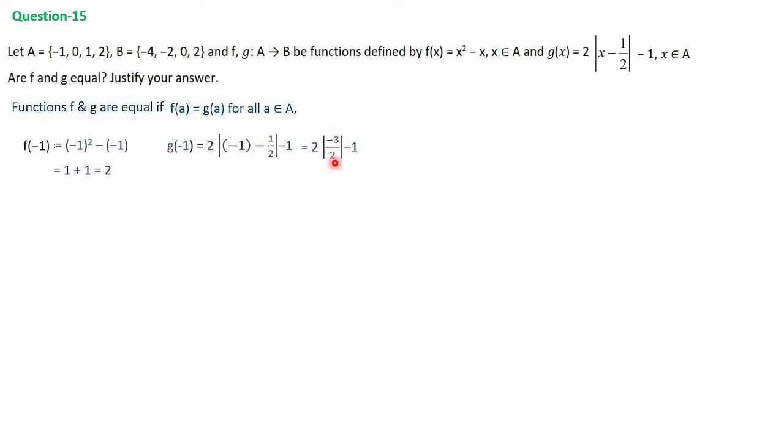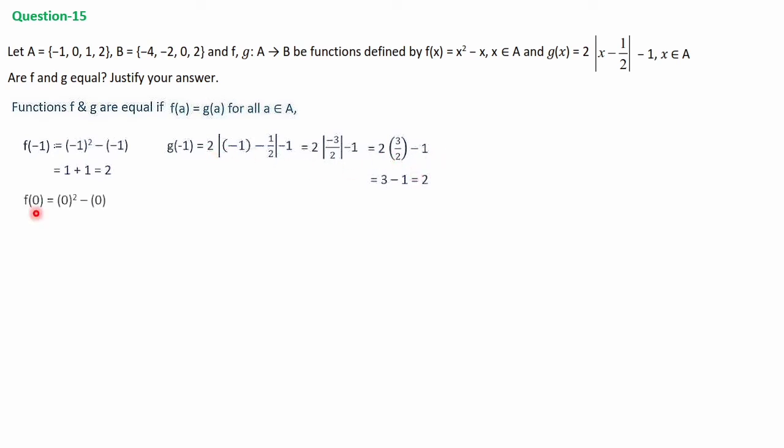So 2 into mod (-3 by 2) minus 1. Hope the calculation is clear here. That is equal to mod of -3 by 2 is 3 by 2. So 2 into 3 by 2 minus 1. Here 2 cancels. 3 minus 1 is equal to 2. So this many steps are not necessary to calculate. You can just do it together. If you do mental calculations, it will be easy.